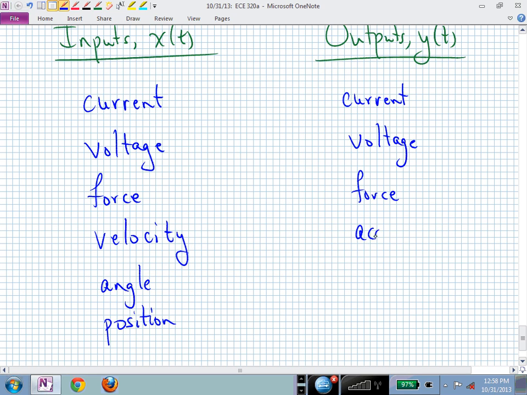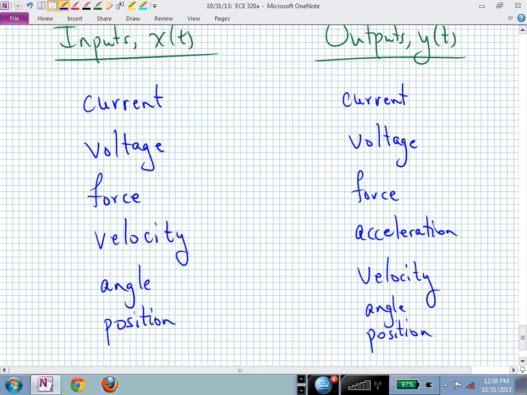Maybe we are interested in keeping track of an acceleration, and that might be an output. Or maybe a velocity, or an angle, or a position.